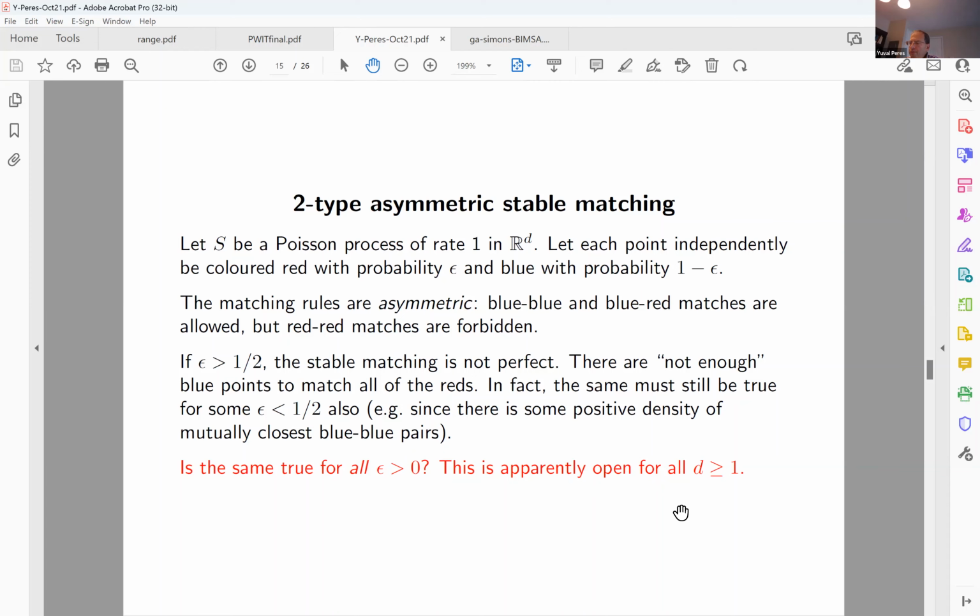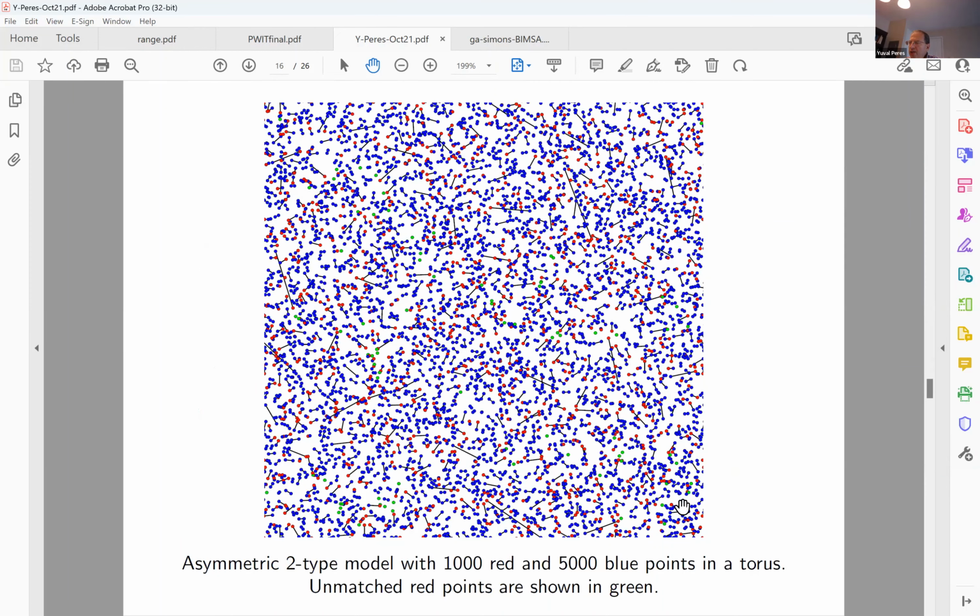But we can answer this in a different form if you fix epsilon and then make the dimension high. This is a picture of the asymmetric two-type model, 1,000 red points, 5,000 blue points. So epsilon here is 1/6. So we apply this greedy matching procedure.